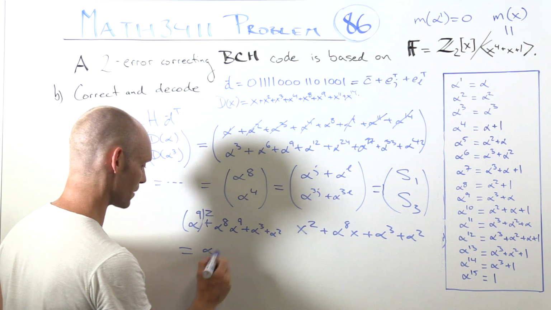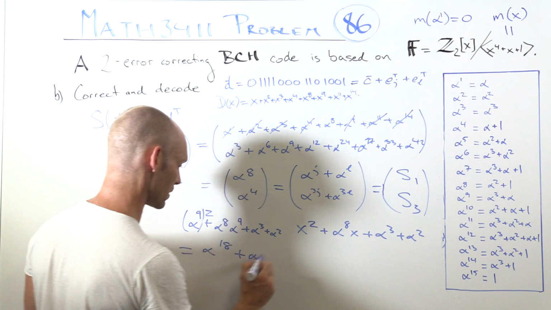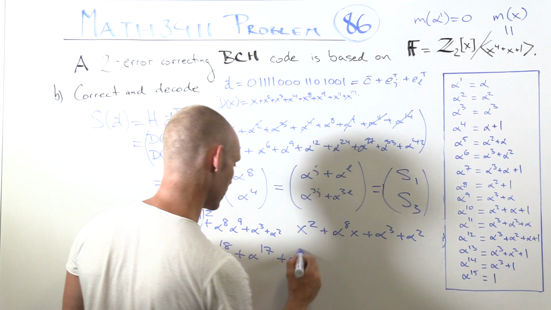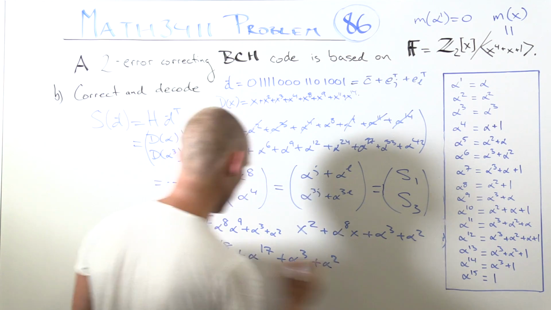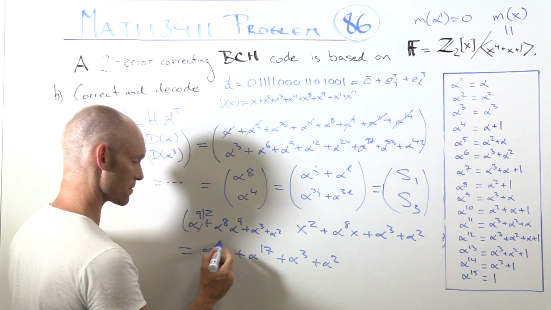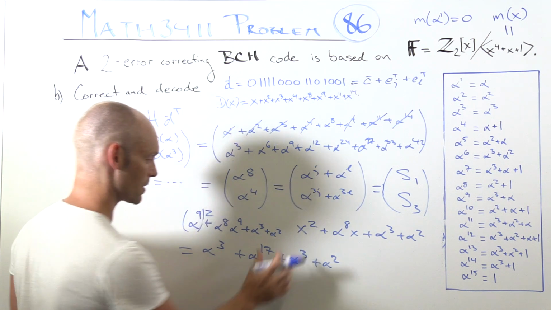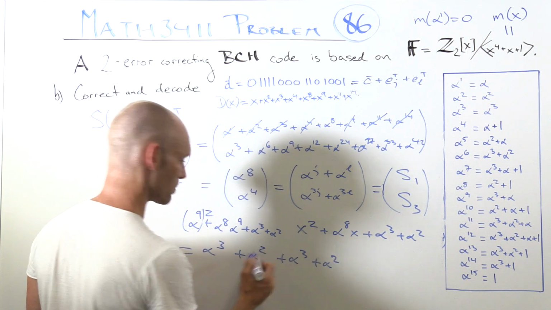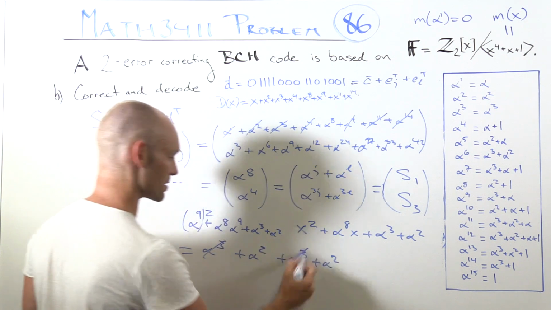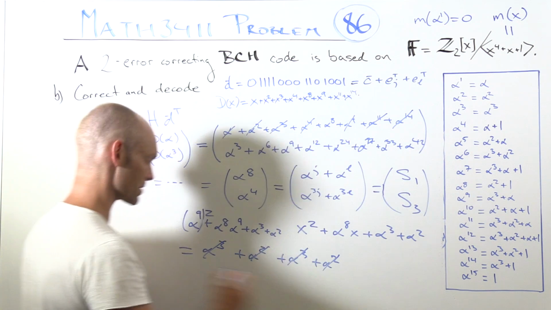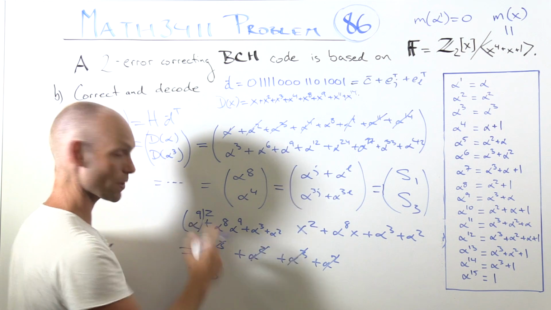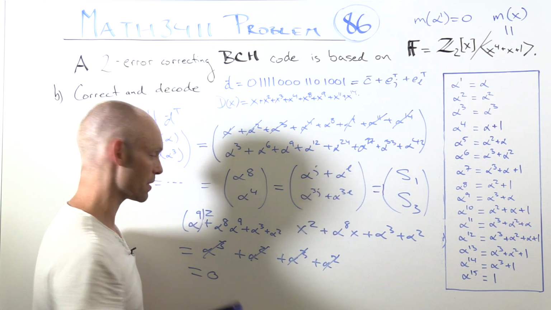So you have alpha to the power of 18 plus alpha to the power of 17 plus alpha to the power of 3 plus alpha to the power of 2. Now 18 is the same as 3 mod 15. 17 is the same as 2 mod 15. So, great. Look at this. Everything cancels out. We have 0. So one of the roots was indeed alpha to the power of 9.